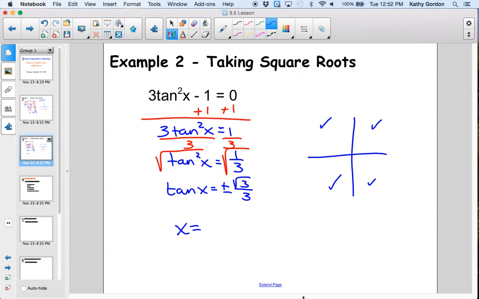So what's the sine of pi over 4? Square root of 2 over 2, right? What's the cosine? Square root of 2 over 2. So if I take square root of 2 over 2 over square root of 2 over 2, am I going to get square root of 3 over 3?